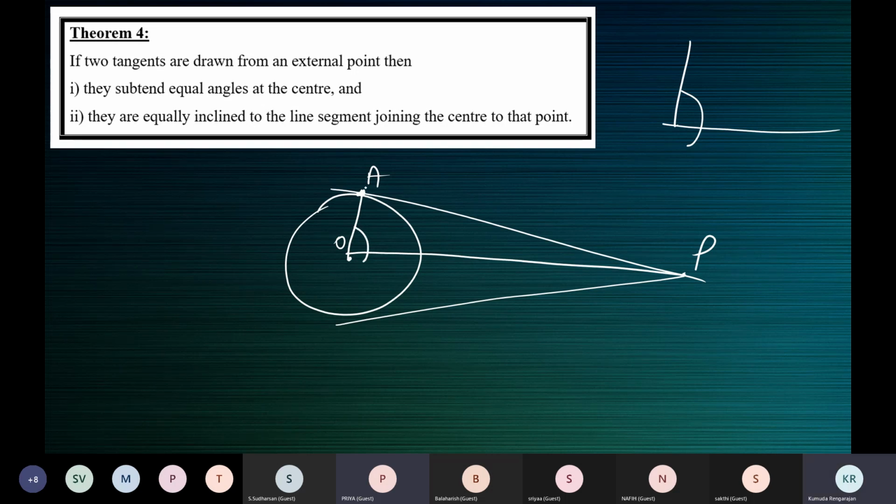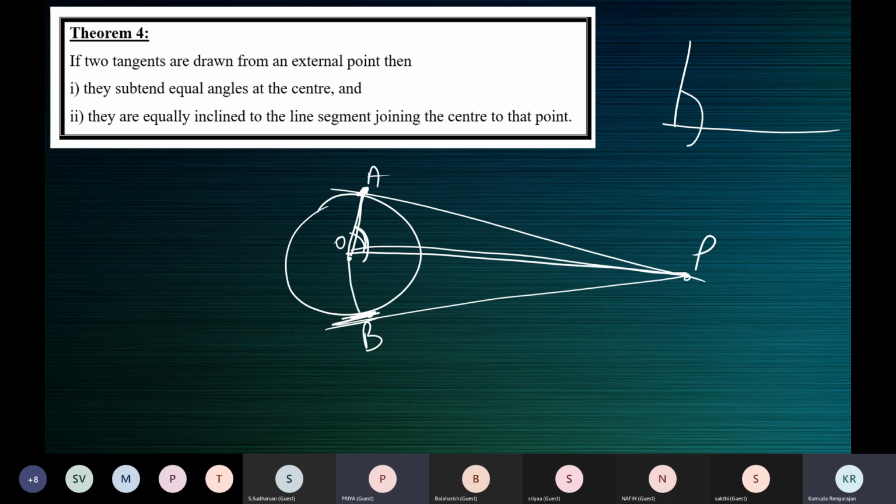How do we understand the angle subtended by a line segment? Here the tangent segment: you should bring the ends of the tangent segment, A and P are the ends. Join A to O. Join P to O. This angle formed at the center is the angle subtended by the tangent segment AP at the center. Similarly, BP is a tangent segment.